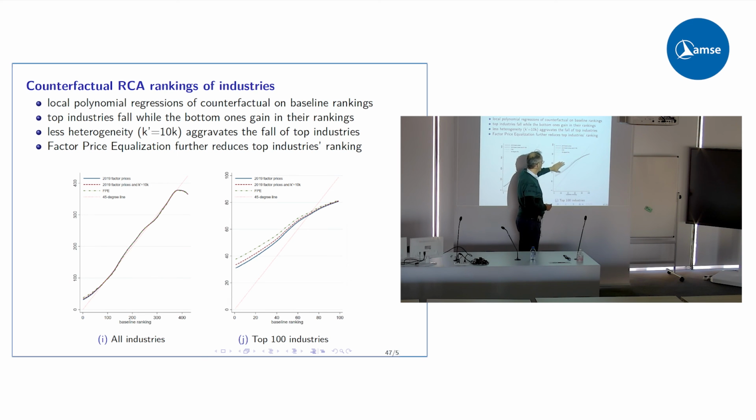And so the red line has less heterogeneity than the one that we used for the table. So you see that indeed the degree of heterogeneity of firms is going to affect how the ranking is changing. From this picture, what we bring home is that you can generate this type of counterfactual analysis, but also that firm heterogeneity is quite important for the picture that you show.